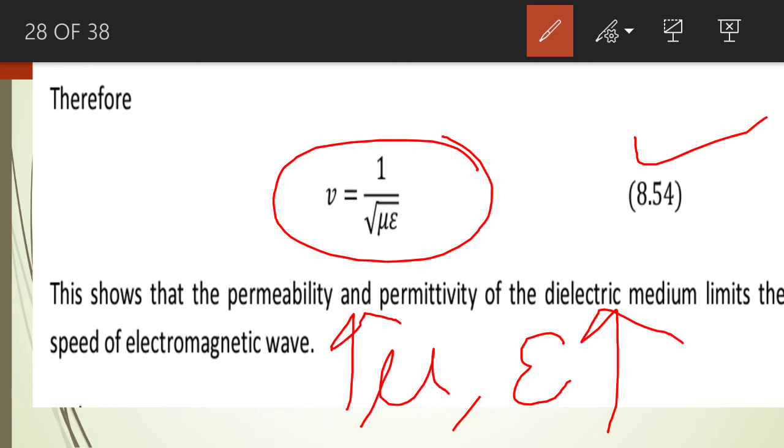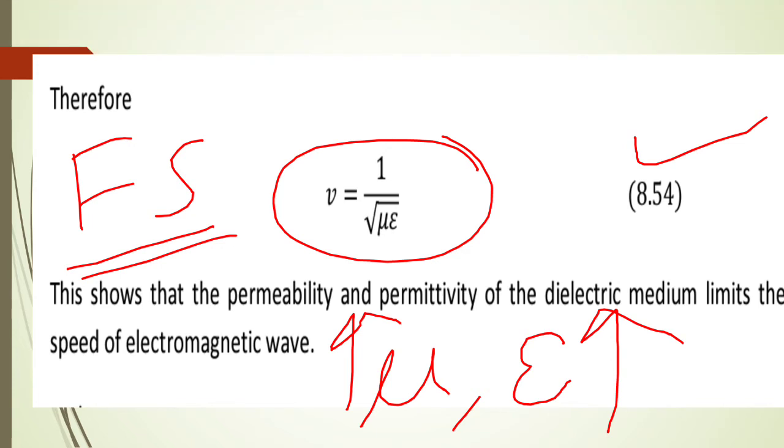This is why the maximum speed of the wave takes place in free space only, right? So this is another way to find out the speed of the wave in any medium.